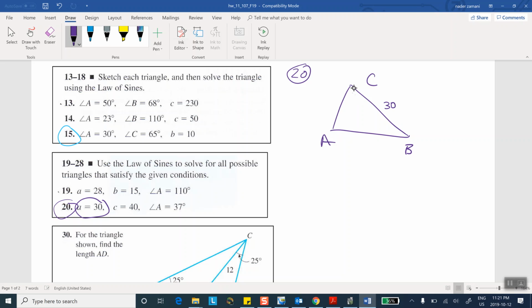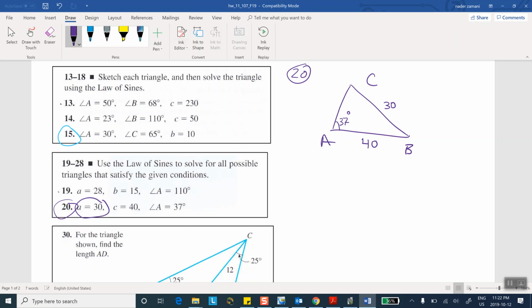Little a means the side that is facing the angle big A, so that is 30. Side little c equal to 40. That means the side facing angle C is 40, and finally the angle A is 37 degrees.